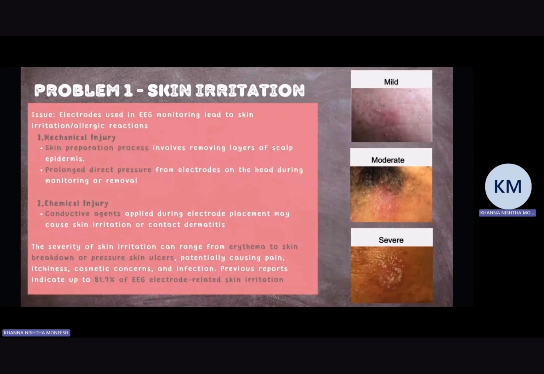Additionally, chemical injury may result from conductive agents applied during electrode placement, leading to contact dermatitis. The severity of skin irritation can range from erythema to skin breakdown or even skin ulcers. Previous reports indicate up to 81.7% of patients experience EEG electrode-related skin irritation.